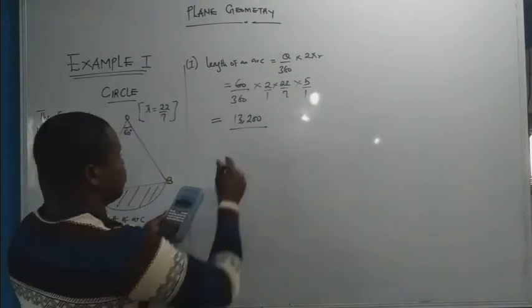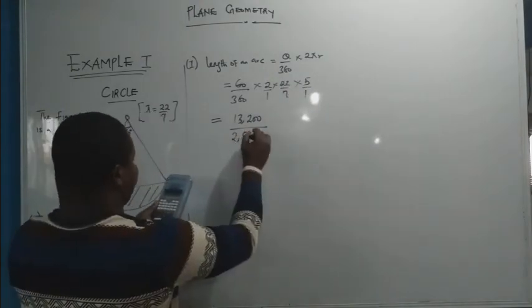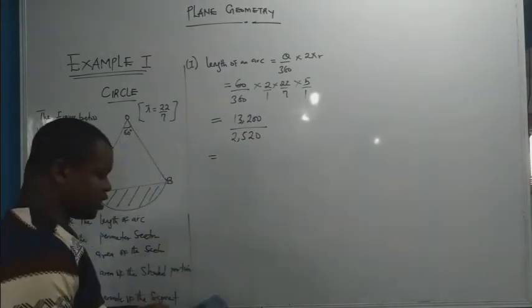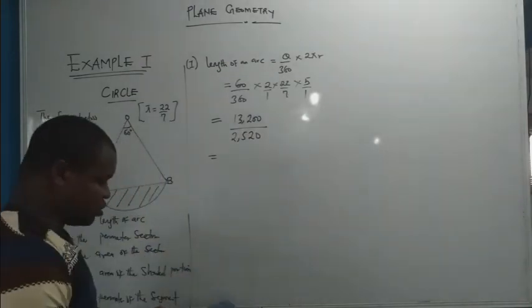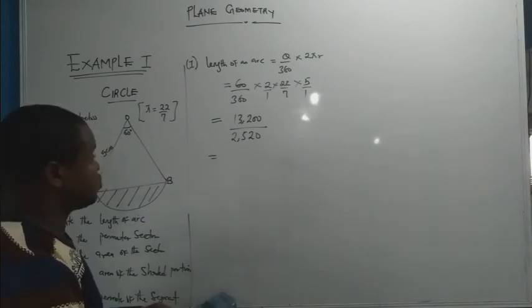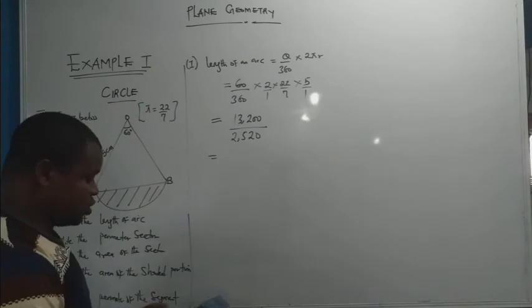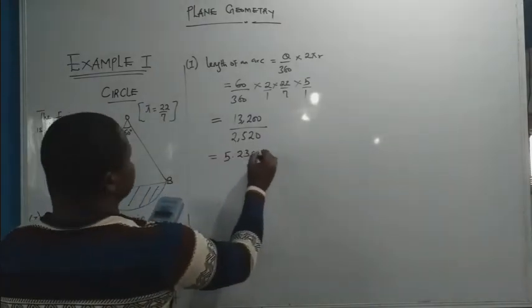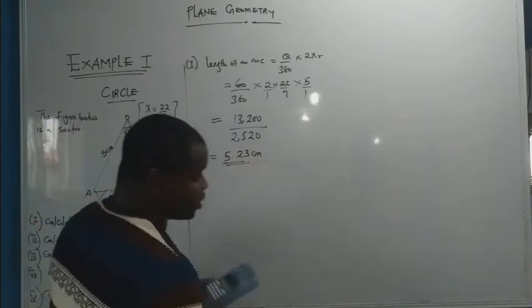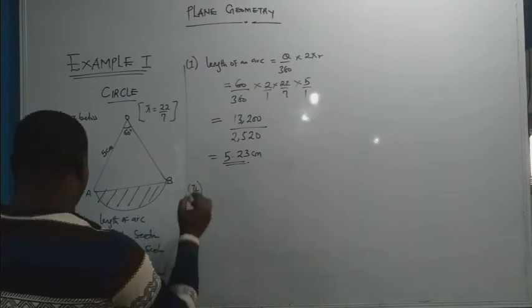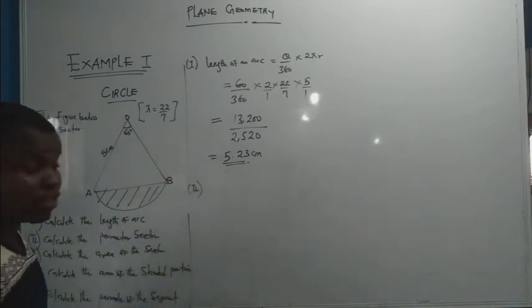That will give you 2,520. So you divide 13,200 by 2,520. What do you have? The answer is 5.23 centimeters. So this is the length of the arc. Question 2 says calculate the perimeter of the sector.